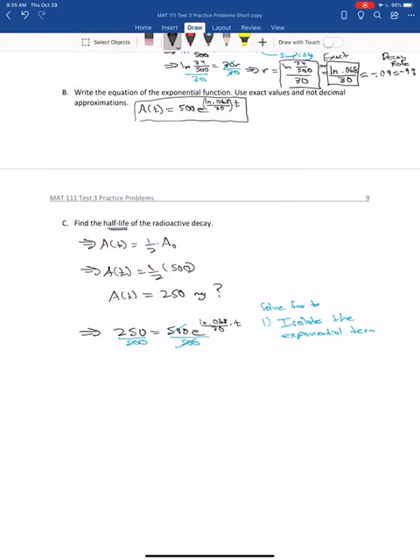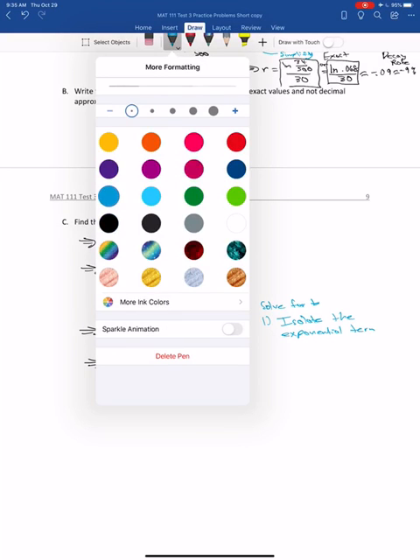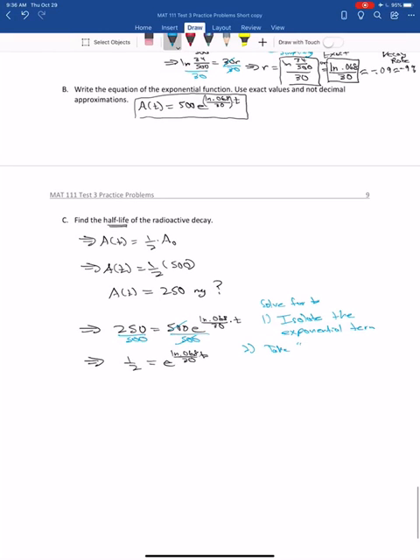What is 250 divided by 500? That reduces to 1/2. We're trying to find half-life. So 1/2 is equal to e to the natural log of 0.068 divided by 30, times t. So now we've isolated, we can take the natural log of both sides. We can use our log properties and bring down the exponent where t is, which we're trying to solve for.